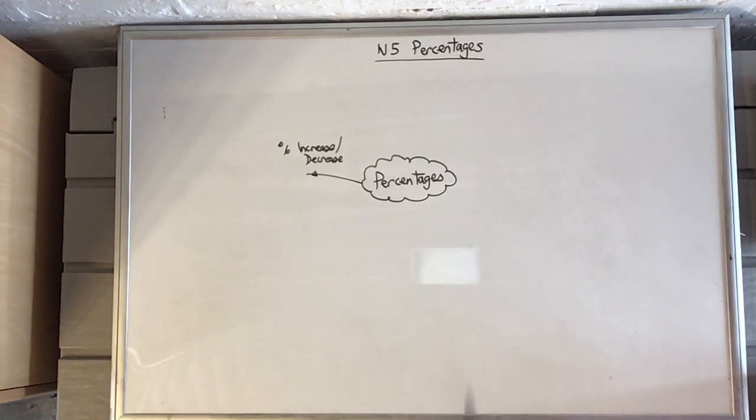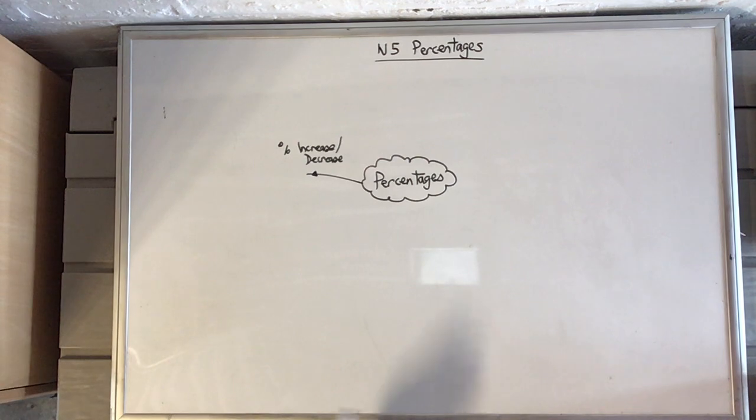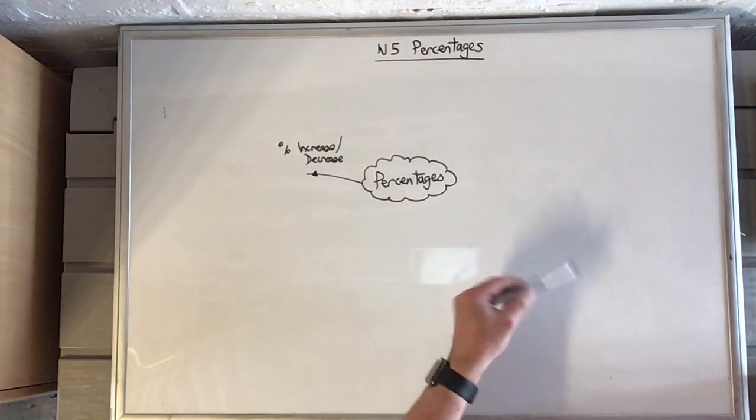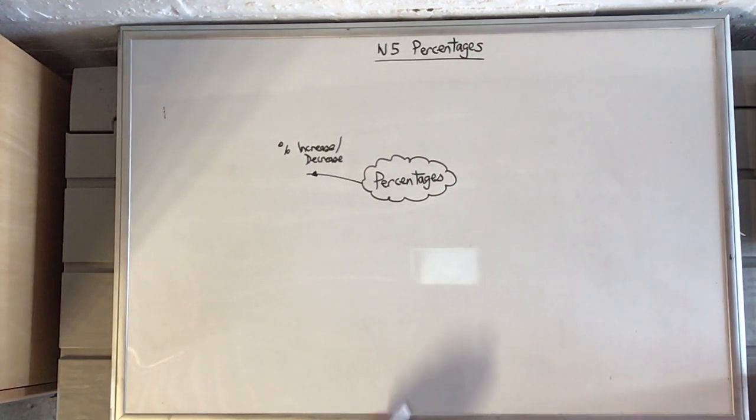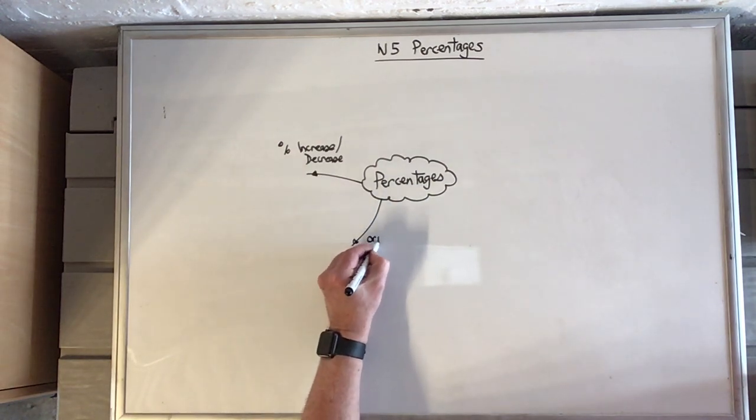And again, same idea, if you buy something for £20 and you make a loss and you sell it for £15, what's your percentage decrease? Okay, so that's one type. Tends to come up every now and again in connection with another question that we're going to show you in a wee minute.